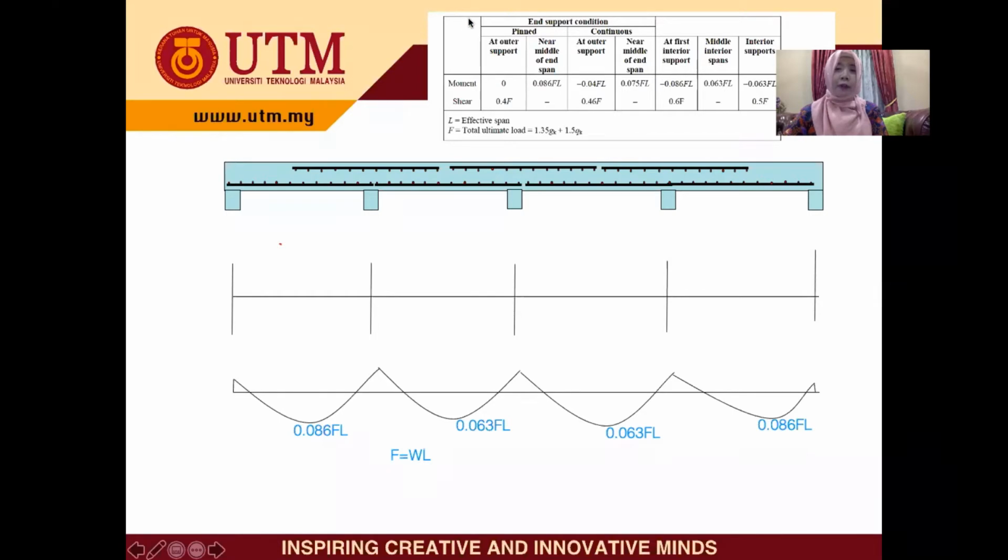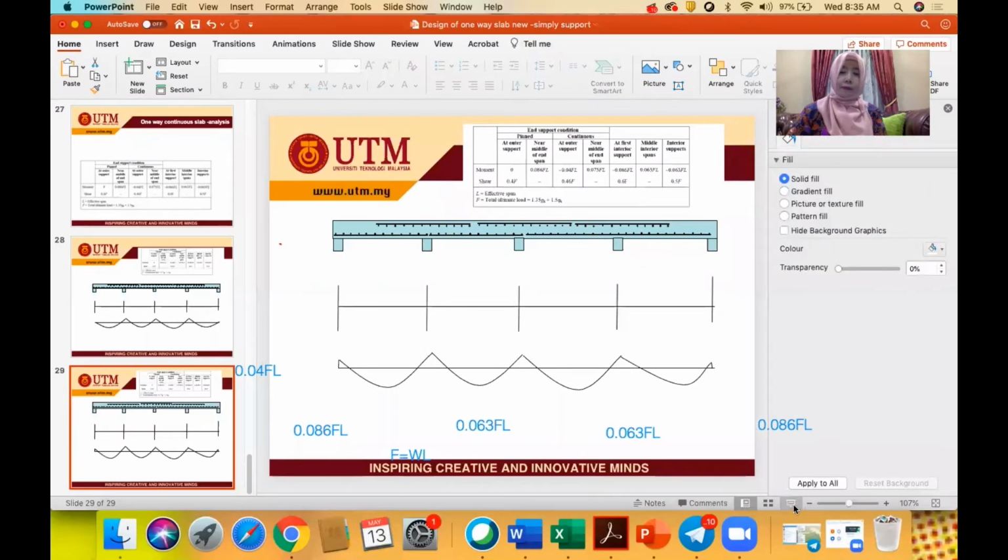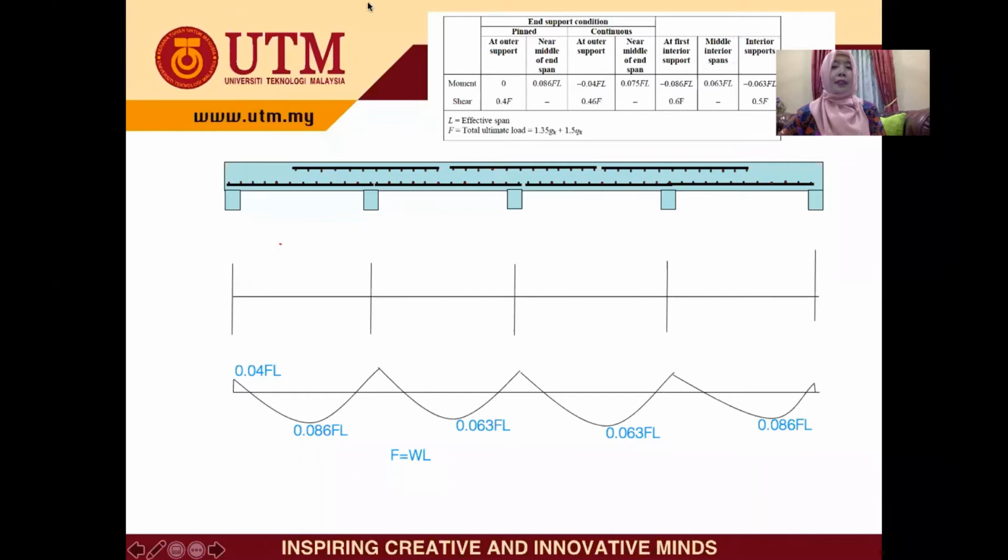The value of the moment here is 0.04FL. Sorry, 0.04FL, if you see from the table.